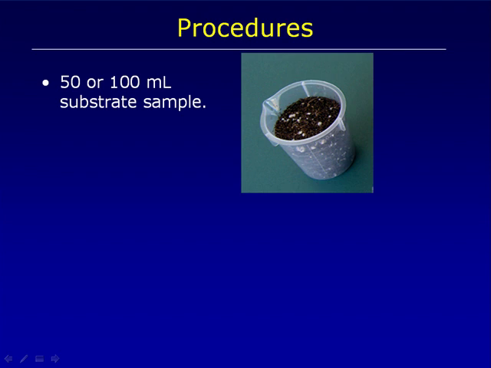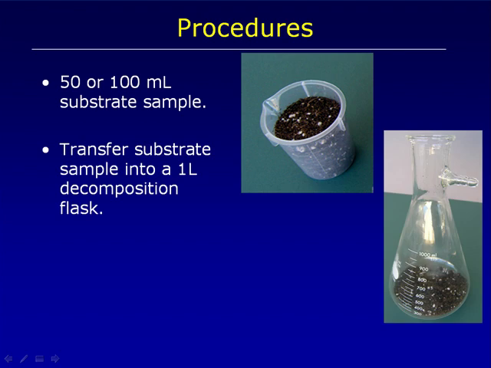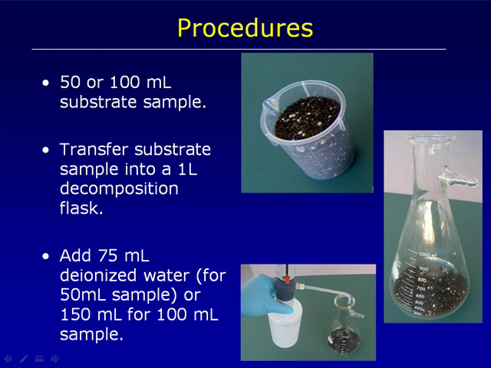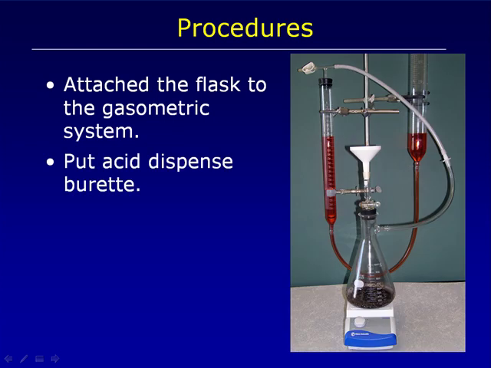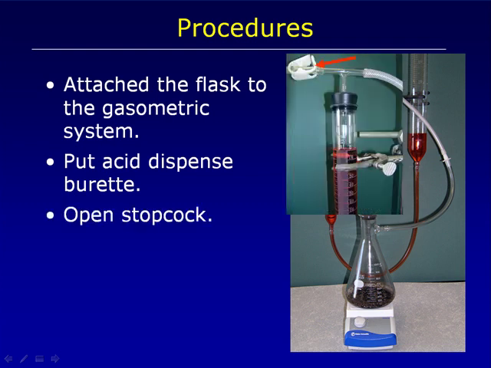Now to step through the procedures, take a 50 or 100 milliliter substrate sample, transfer this sample into a 1 liter decomposition flask, add deionized water to allow mixing, attach the flask to the gasometric system, put the acid dispense burette into the decomposition flask, open the stopcock to allow the air pressure in the system to equalize with outside air pressure.